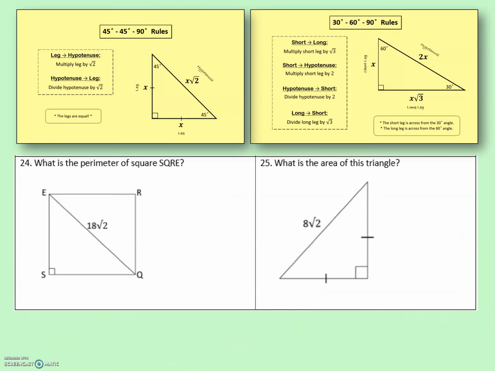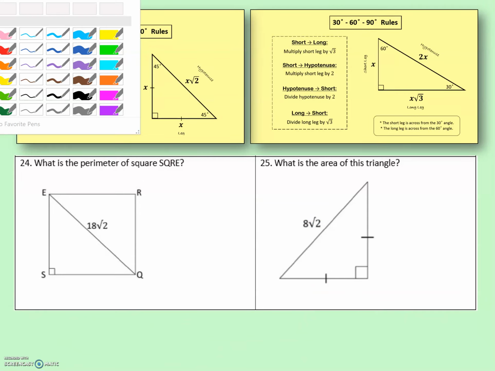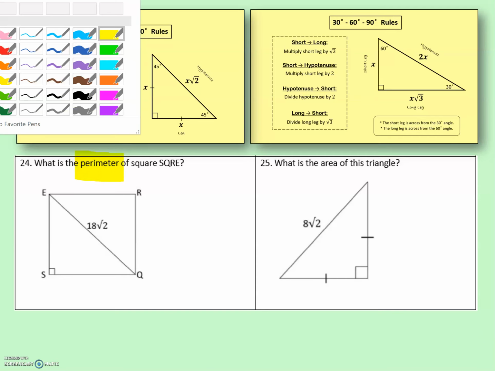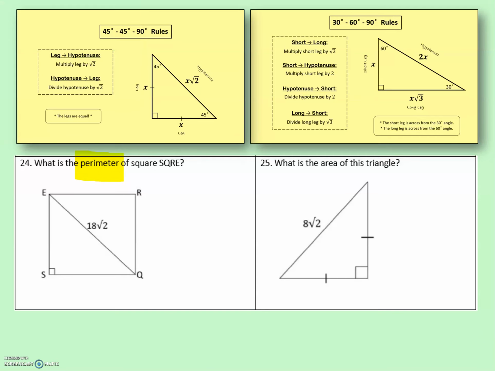Number 24 is referring to perimeter. So perimeter, if you remember, is the length around, right? And it says it's perimeter of a square. Well, we know in a square we have 90-degree angles, and we know that in a square all sides are congruent. That helps us out a lot. Because now each of these triangles that are created by this diagonal here are 45, 45, 90 triangles.